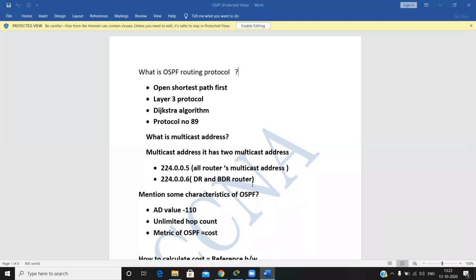It always chooses the shortest path. It uses protocol number 89, and it has two multicast addresses, 224.0.0.5 and 224.0.0.6. Five is used by all routers, and six is used by DR and BDR routers. The AD value is 110 and unlimited hop count.